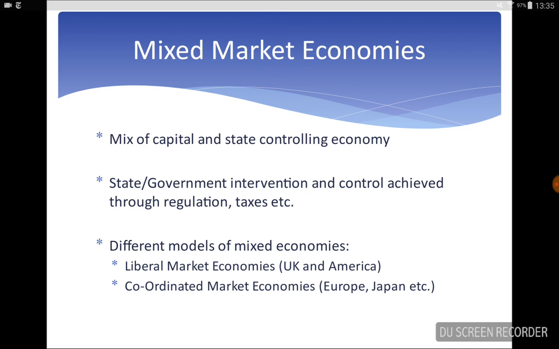Generally speaking, as it says here, the control of the government is established and maintained through things like taxes, laws, regulations, and probably things like the Competition Commission, where they're looking at how different companies are behaving and what they're doing, and using that information to establish, do we want to intervene, yes or no.